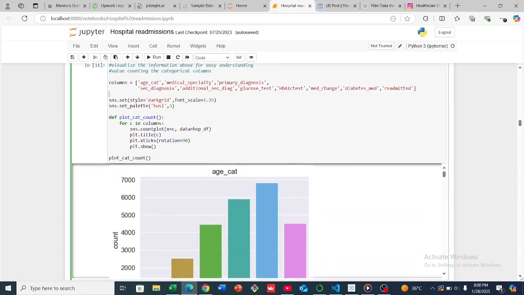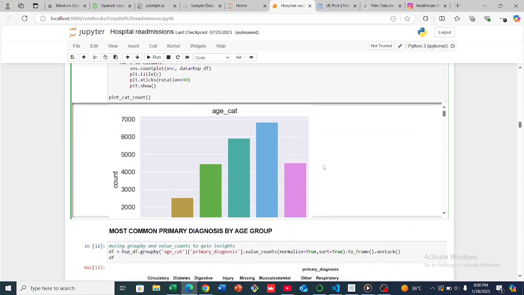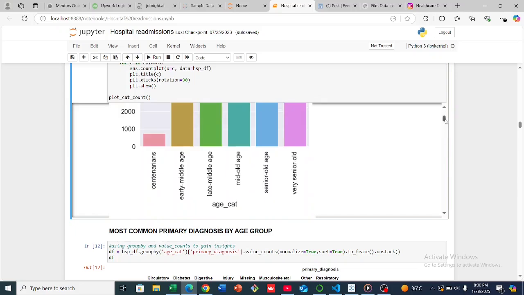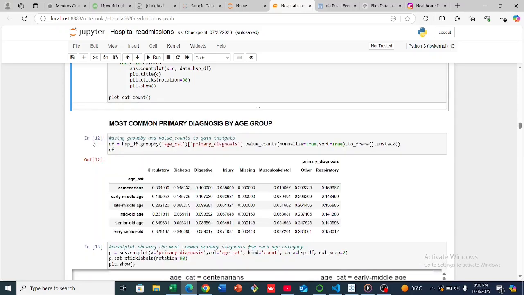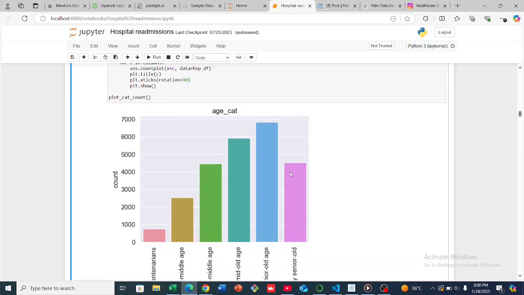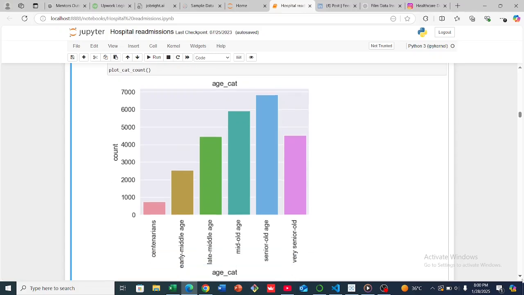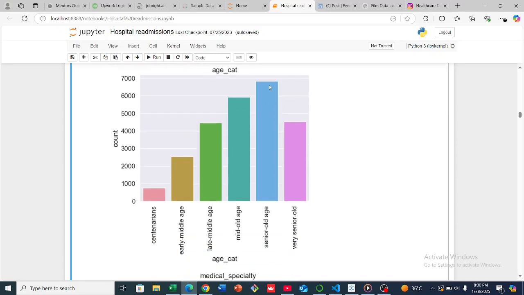So if you look at our data set now, you can see our age category, and you can see that for our age category the most occurring is senior old age, then followed by the mid old age, followed by late middle age, then very senior old, early middle age, and the least is centenarian.